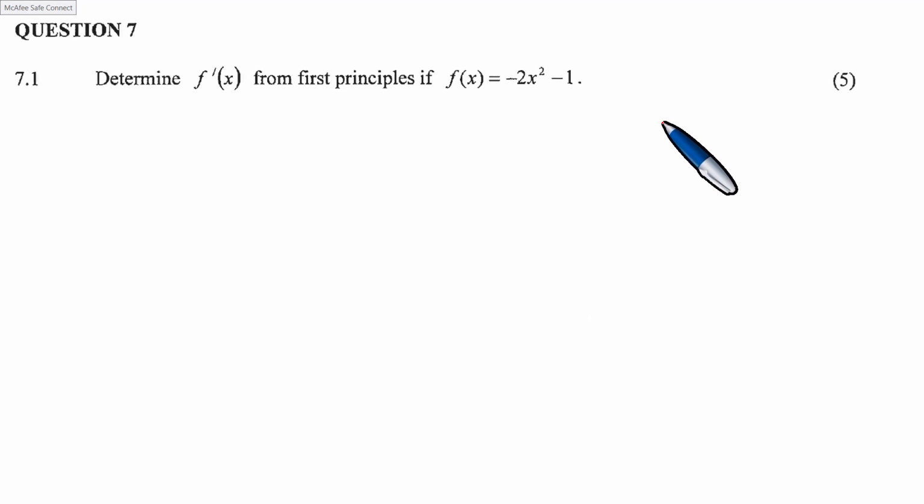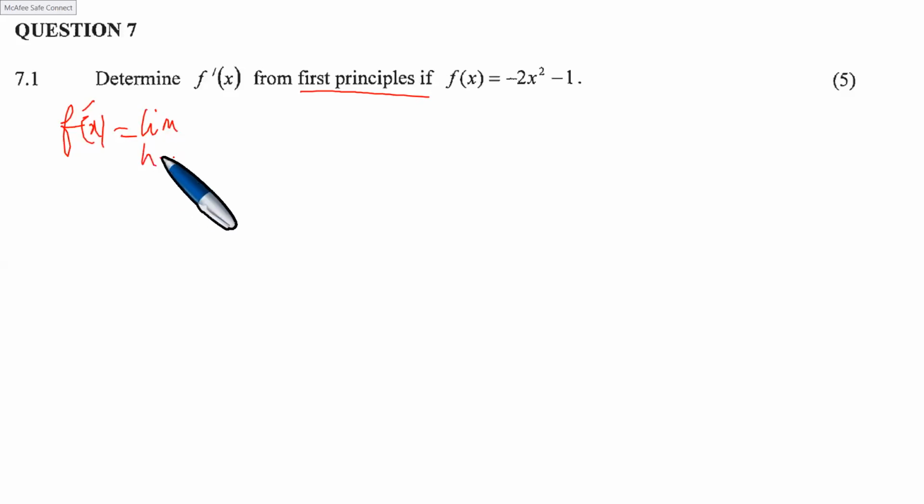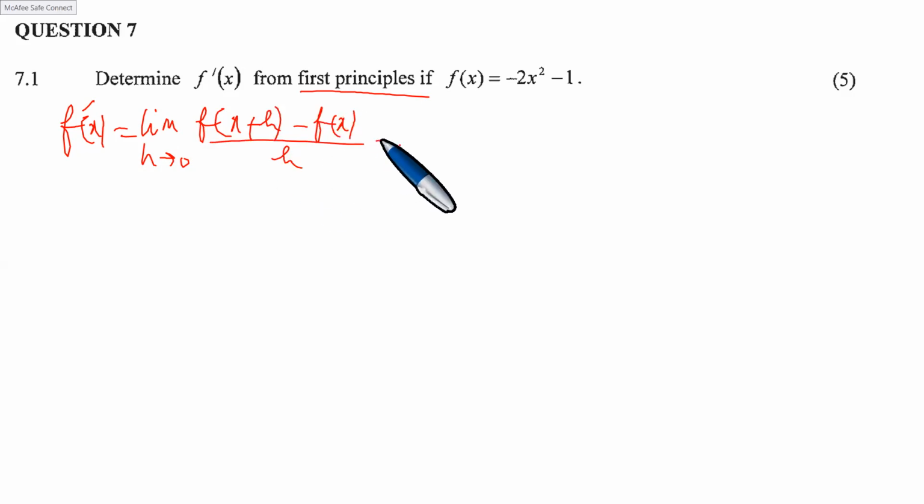Right, 7.1 is about the first principles of differentiation. Right, so this one. f prime becomes the limit as h tends to 0 of f of x plus h minus f of x, all divided by h.